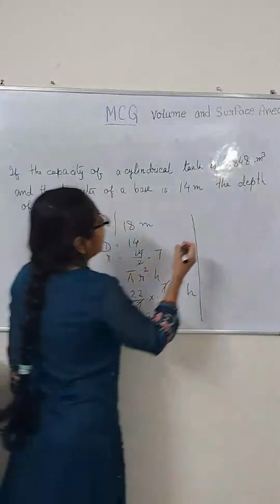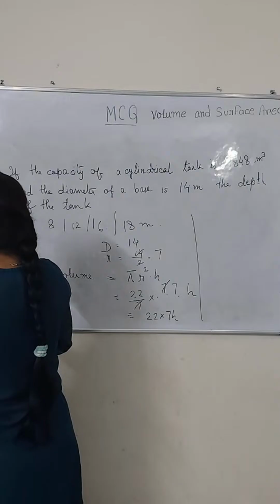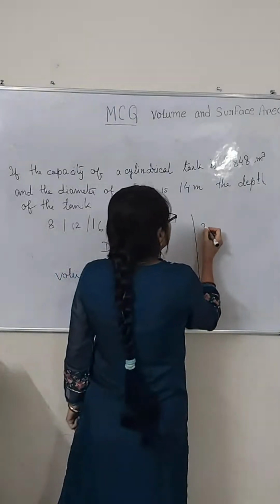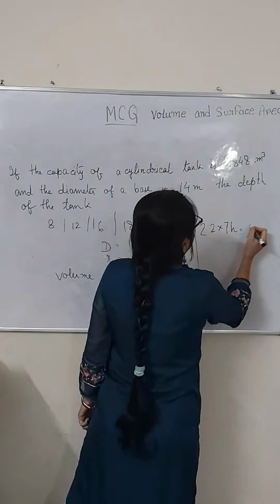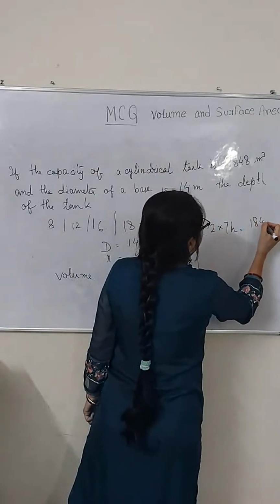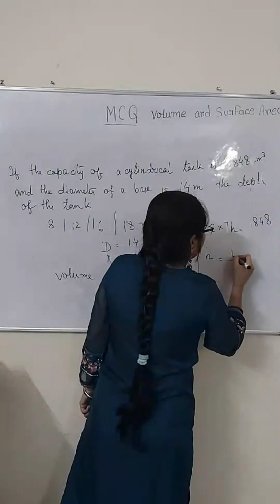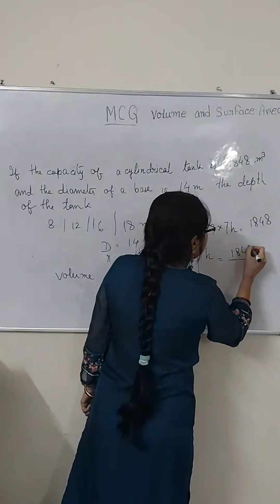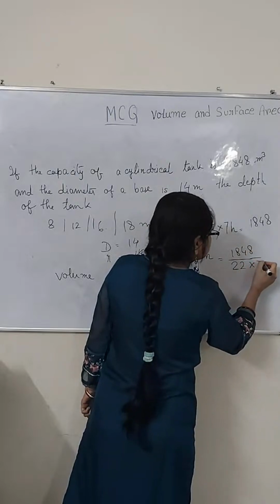So I can write 22 into 7H equal to 1848. H equal to 1848 by 22 into 7.